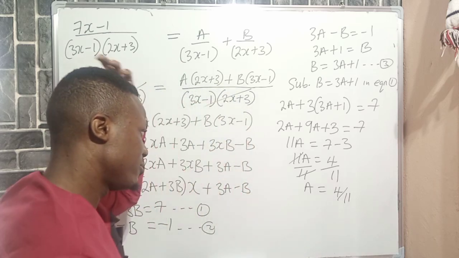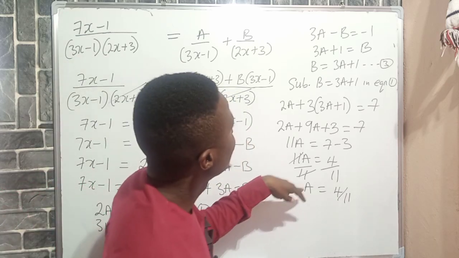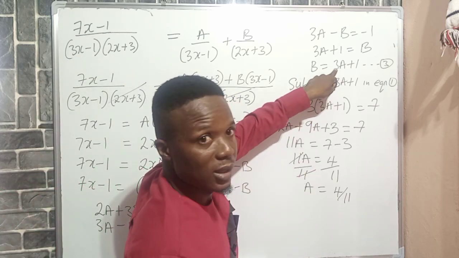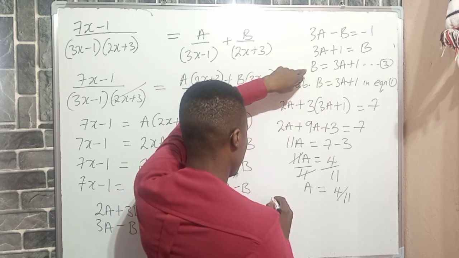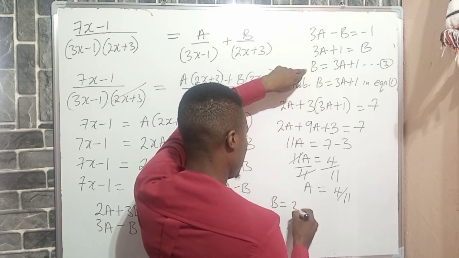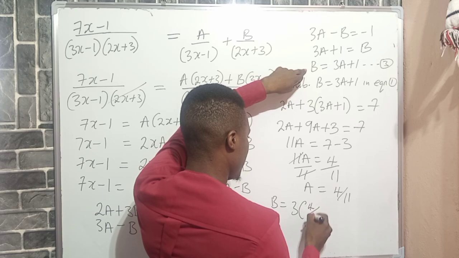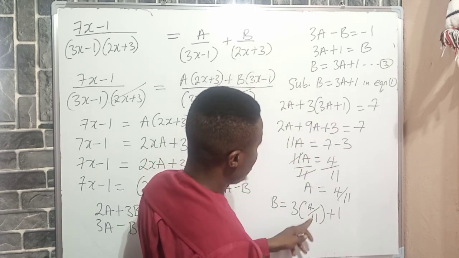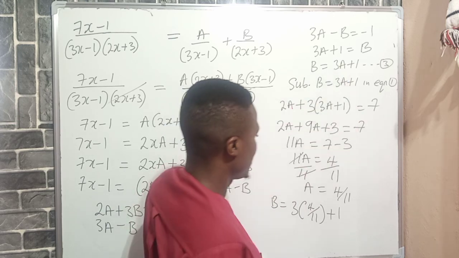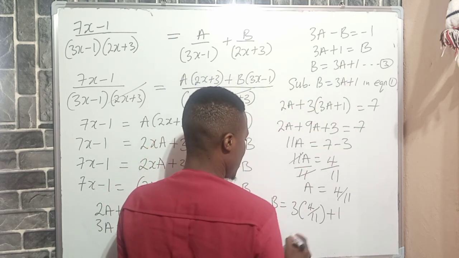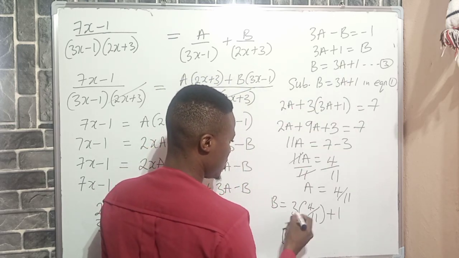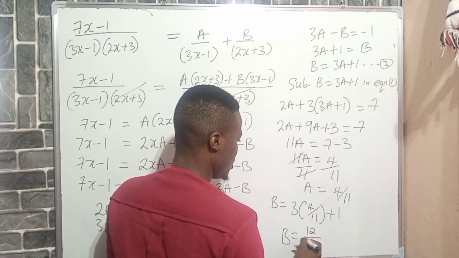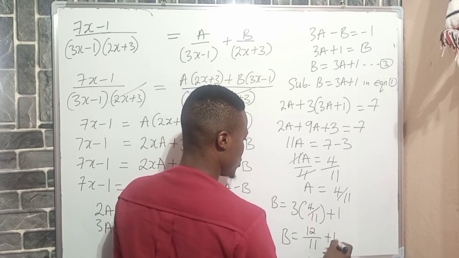So to get the value of B, anywhere we see A in equation 3, you put 4 over 11. So B will now be 3 bracket 4 over 11, then plus 1. I just use 4 over 11 to replace A here. So B is equal to 3 times 4 is 12 all over 11, then plus 1.